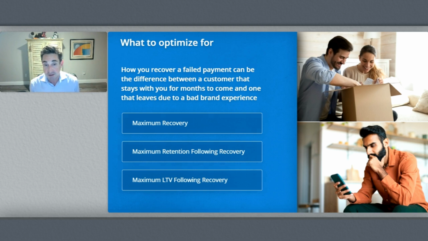From a recovery perspective, we see that typically the rate of recovery when the best-in-class recovery solution is being applied against a failed payment immediately upon failure, on the low end is usually around 20–25%. We've seen as high as 85–90%. So it really does vary based on your business and your customer demographics or sustainer demographics.